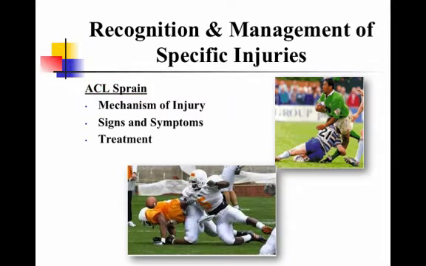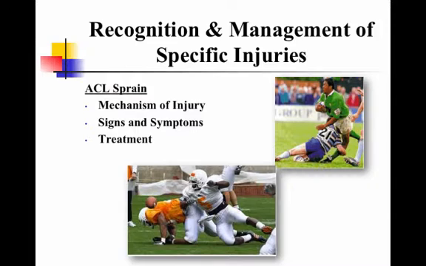Slide 33. In torn ACLs, the individual will feel a pop followed by immediate disability and pain. They often state that it feels like their knee is coming apart. Due to the blood supply, ACL tears produce immediate swelling.